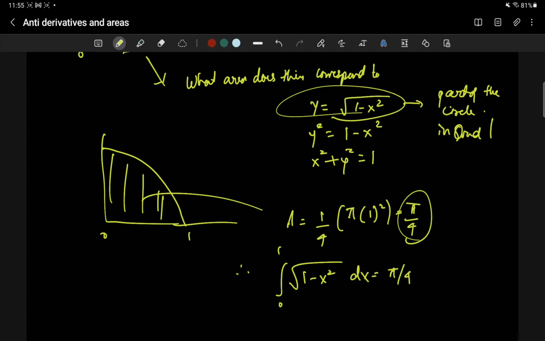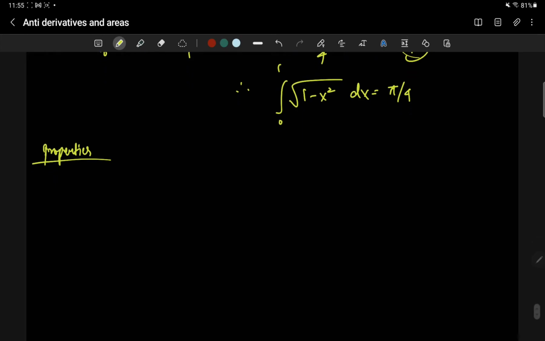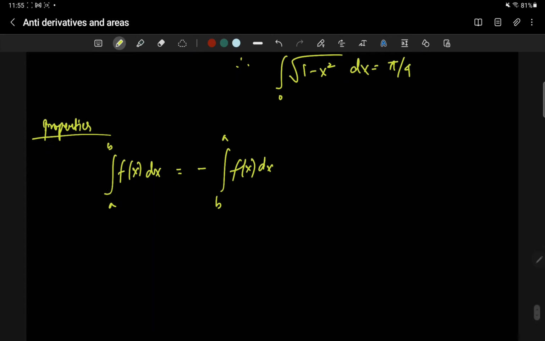Now, because of these area interpretations, there are some properties that these integrals have. One of the properties says that the integral from a to b of f of x dx is the negative of the integral from b to a of f of x dx. Meaning if you switch the endpoints, it becomes negative.